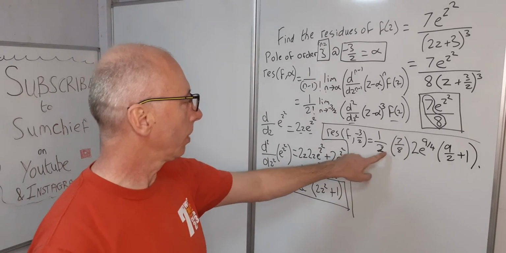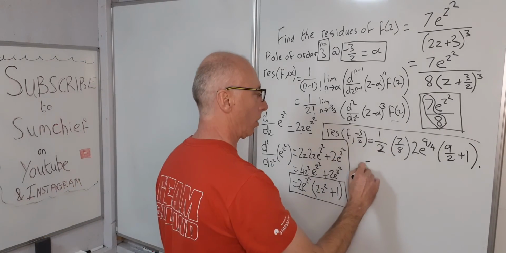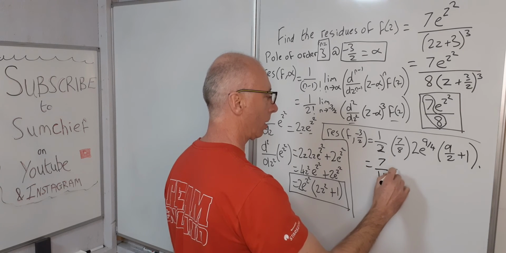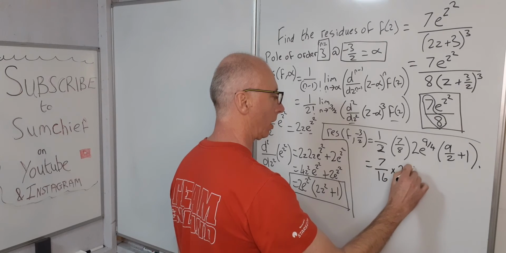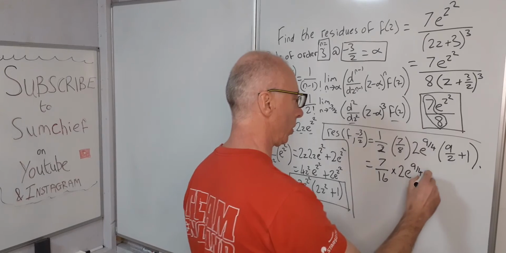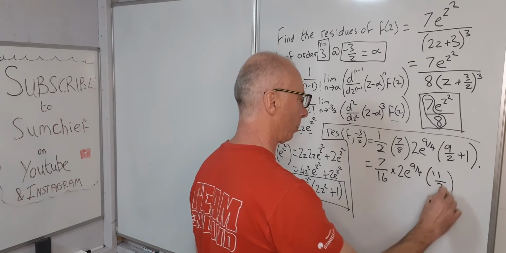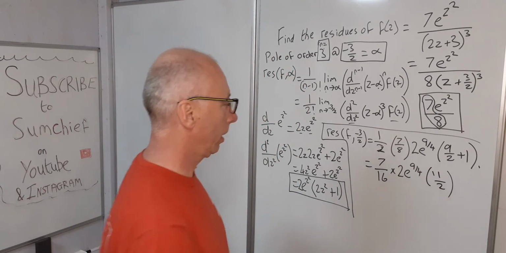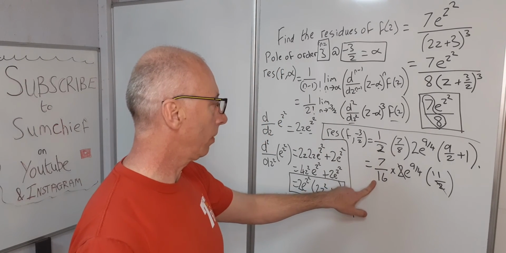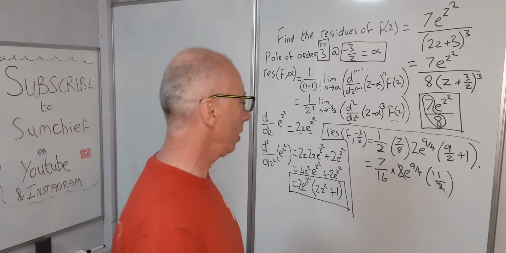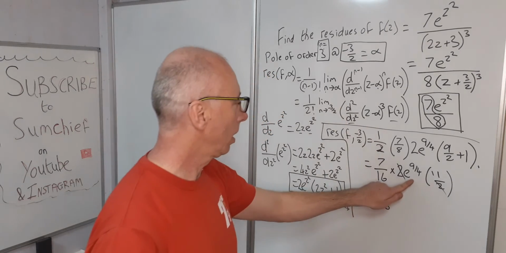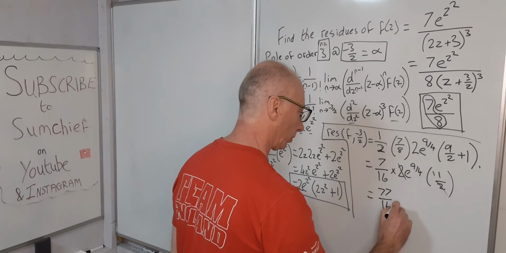Okay, let's work through this. 1 over 2 times 7 over 8 becomes 7 over 16, times 2e to the 9 over 4, and then 9 over 2 plus 1 is 11 over 2. Okay, the 2s cancel out, so 7 over 16 times 11 basically equals 77 over 16 e to the 9 over 4.